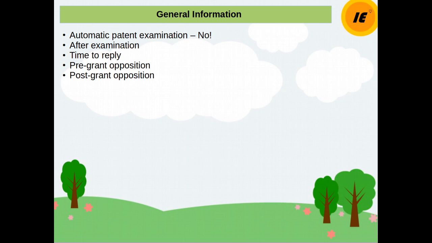So 1 year actually. Before that you have to apply. So that's all about the general information, and after that we will go through a more specific, overview-type discussion of what the timeline of a patent application is.